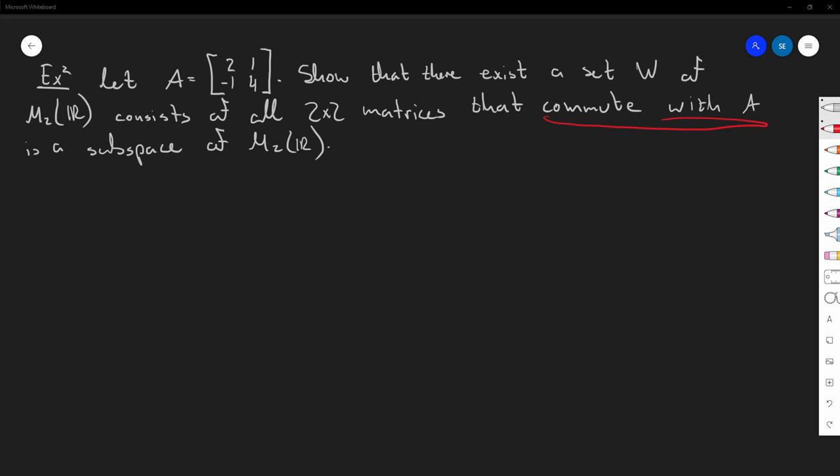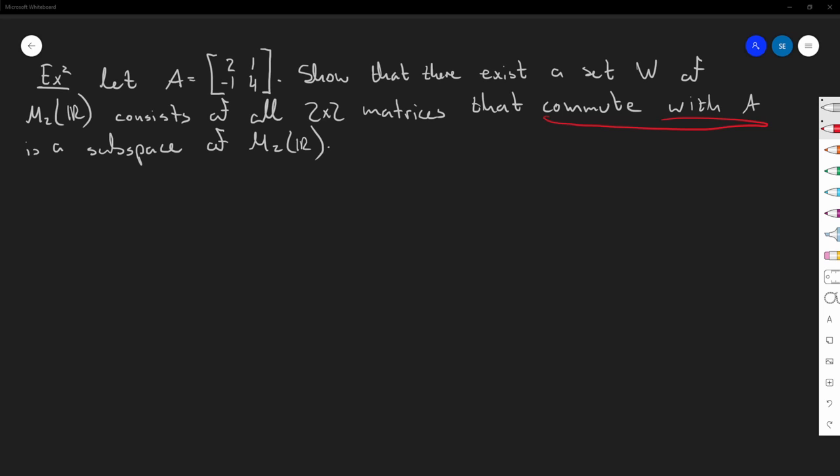If you recall from way back, when it comes to matrix multiplication, it's very difficult to find matrices that commute. If we have two matrices, A and B, multiplied together, it is not necessarily the same as B times A. That's the challenging part.